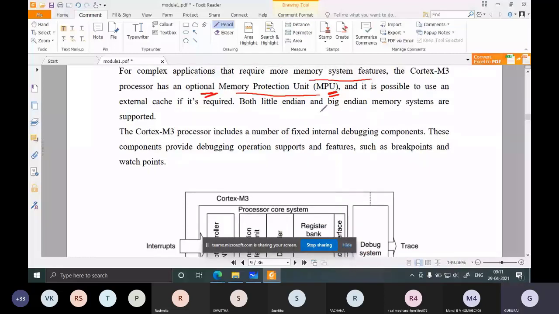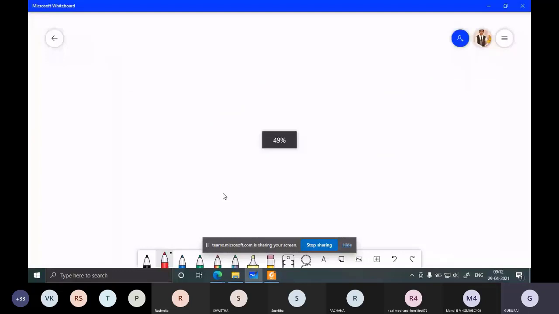And it is also possible to use external cache if it is required. Cache is the fastest memory that is available, right? Usually they will represent memory in the form of a triangle like this. At the base of the triangle, usually the secondary memory will come in.